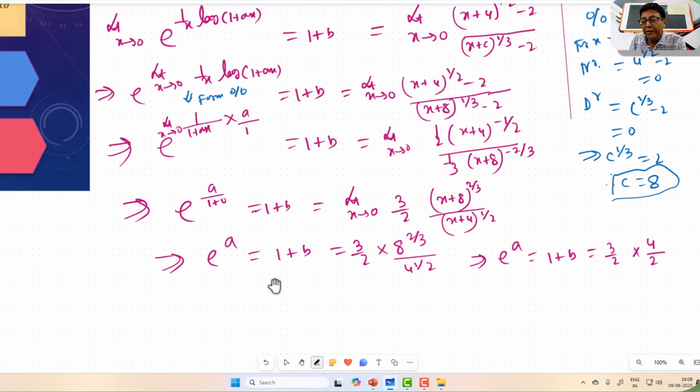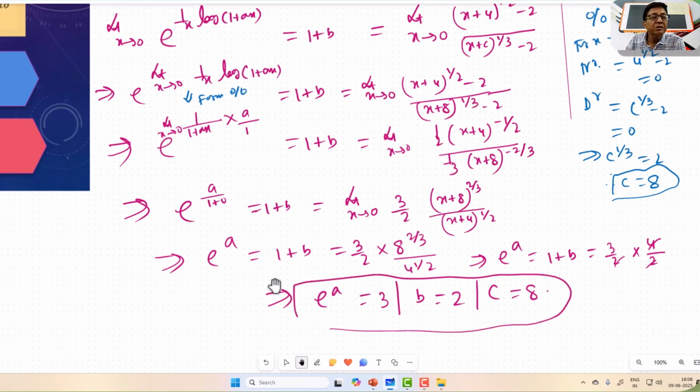So e to the power a, if you compare, e to the power a is 3 and b is what? 2. The value of c you already got.